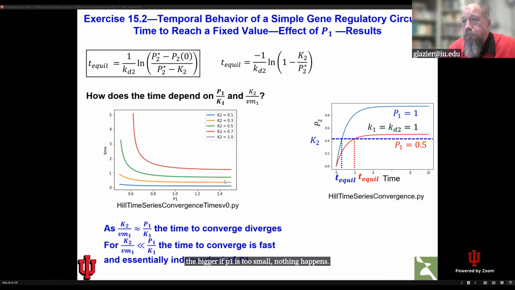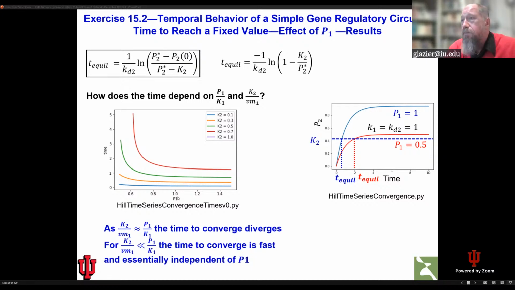And here's the time it takes to reach a value of 0.1, 0.3, 0.5, 0.7. So clearly, if K2 is small, the time to equilibration is roughly linear in K2. If K2 gets very close to that saturation value, then the time to converge goes to infinity.